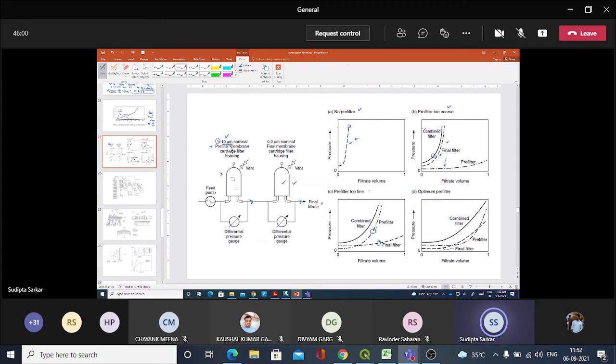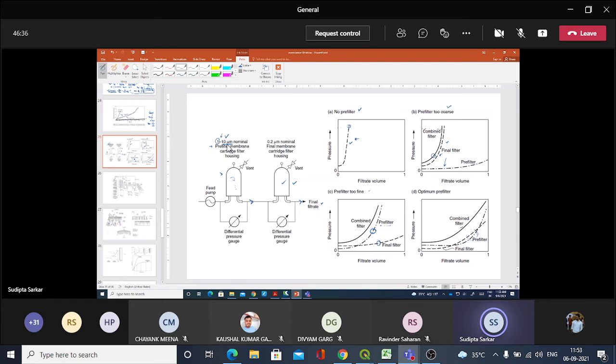In this case, the pre-filter will choke faster than your final filter, and your combined curve is actually governed by the pre-filter. So you need to actually make the trial and error, and probably if you choose somewhere around 5 micron, obviously it depends on your inlet water characteristics, then both these filters will have similar type of fouling propensity.